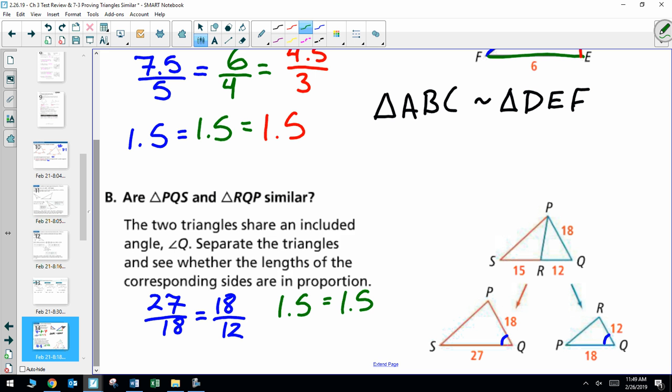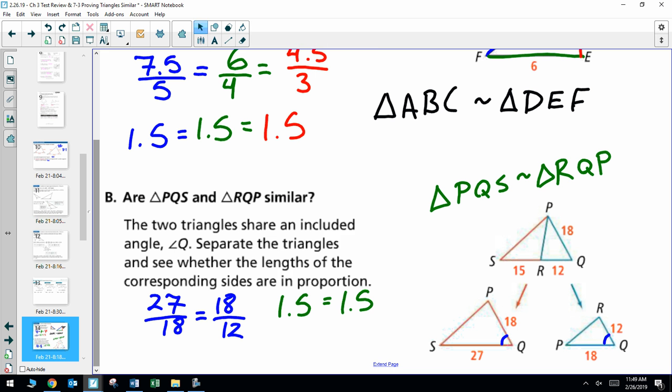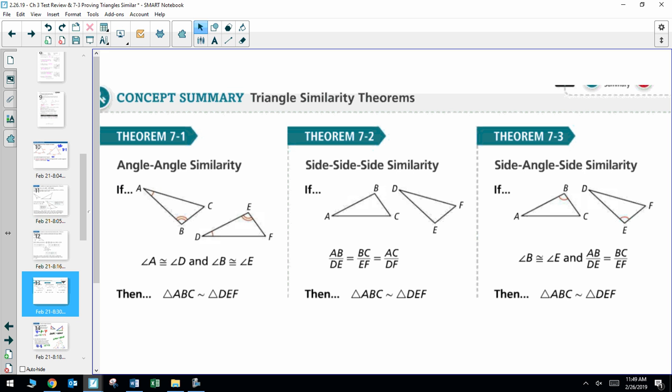So we're going to say triangle PQS is similar to triangle RQP. And there's one other thing that I left out of both of these. We just have to say which theorem proved that. The first one, we said all three sides have the same scale factor, so it would be SSS similarity.